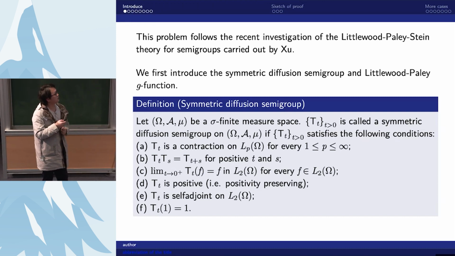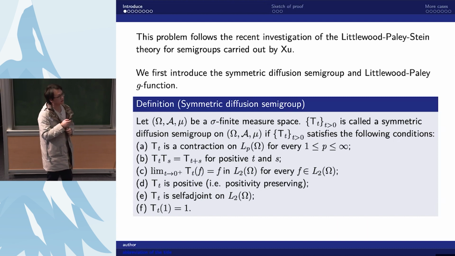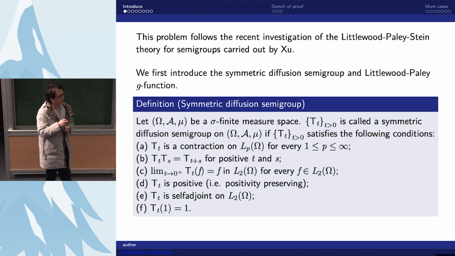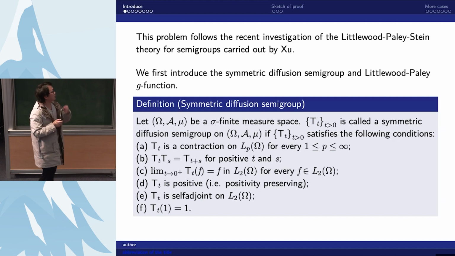Condition D means that T_t is positivity preserving. That is to say, if f is positive, then T_t f is positive.